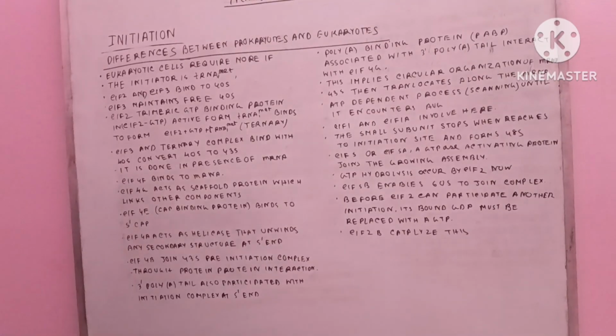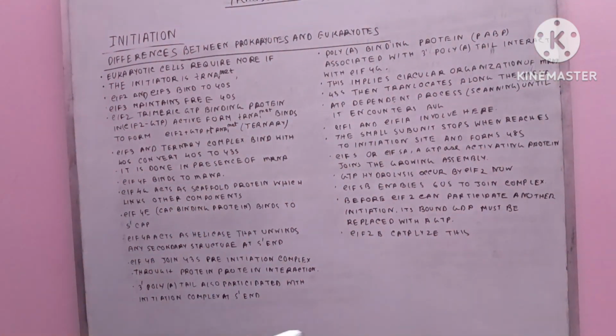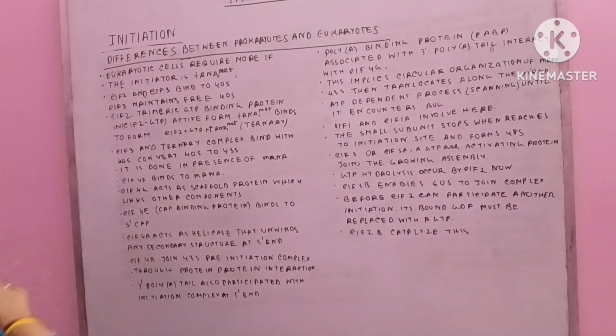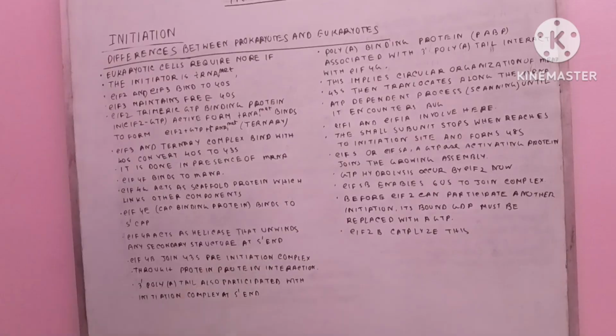EIF4E binds with the 5' cap, and the cap binding protein is called EIF4E. EIF4A acts as a helicase that unwinds any secondary structure at the 5' end.